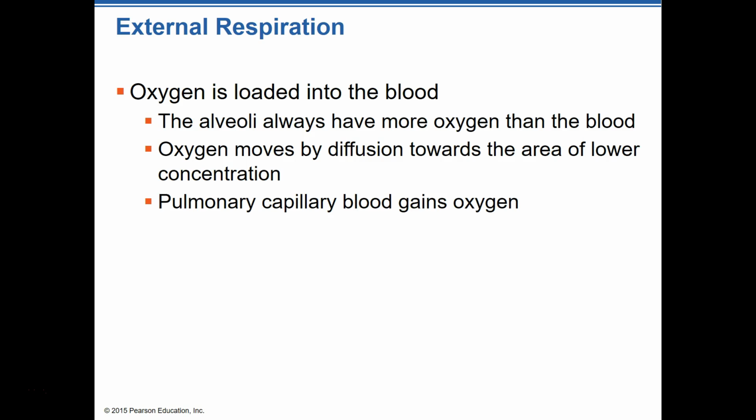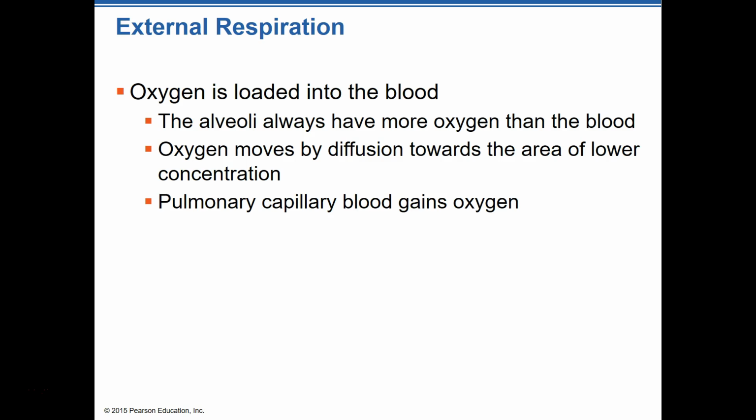The alveoli will always have more oxygen than the blood does. Remember, because it's got to pass through all those layers of tissue. So there's always going to be a lower amount of oxygen on the red blood cells than there is in the alveoli, just because it takes so much pressure to push them through. You won't get all that pressure to go through.